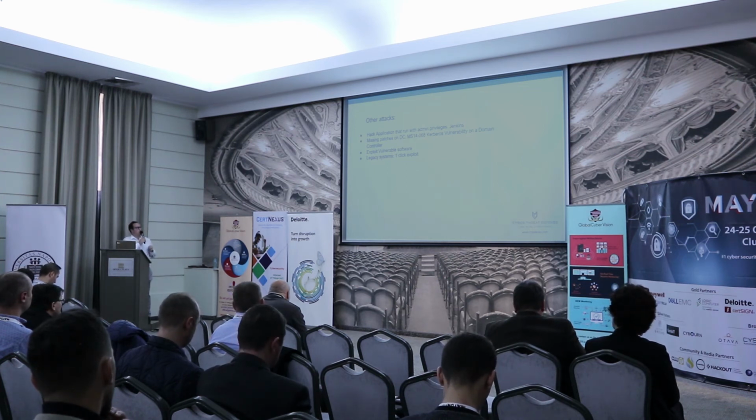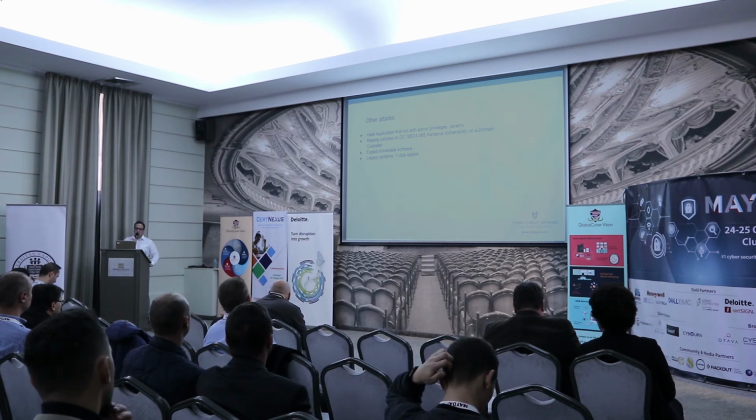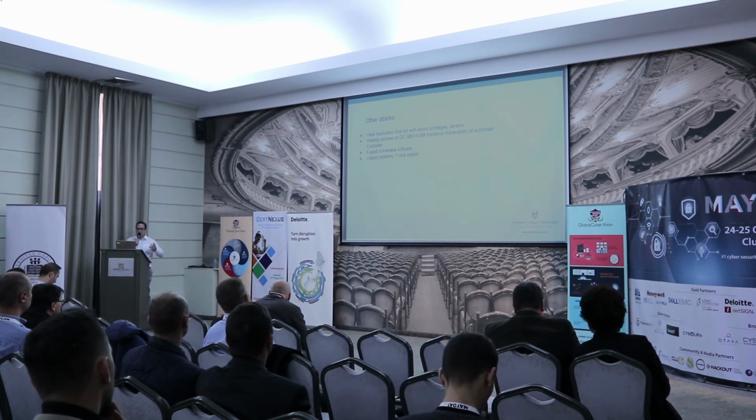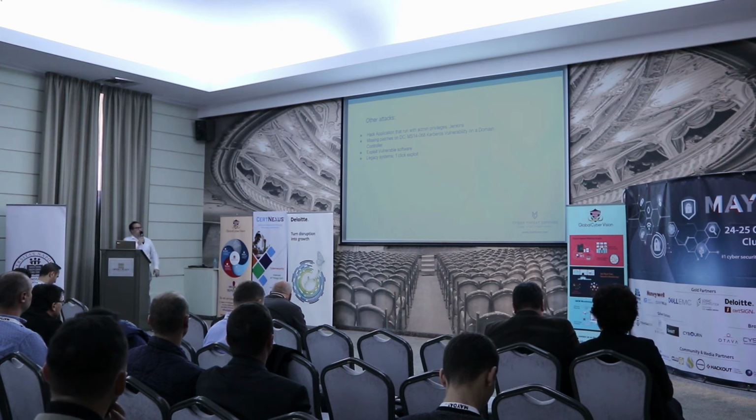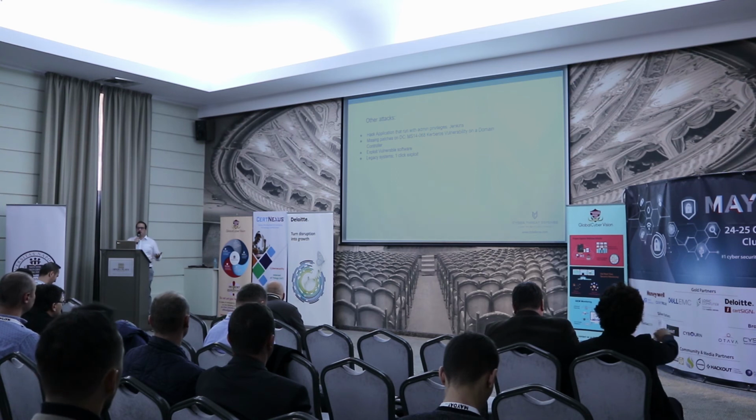Okay, so other vulnerabilities. This was an old one also. We didn't find it anymore. It was a missing patch. I mean, the vulnerability actually says missing patches in domain controller. So the admin server has some missing patches, missing updates that are related to security.